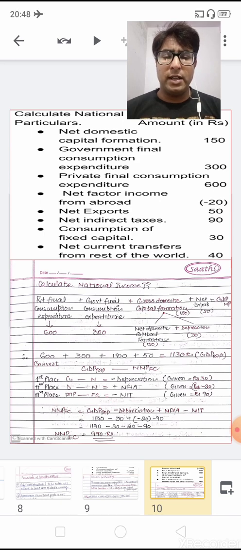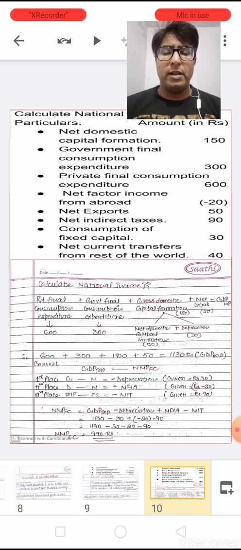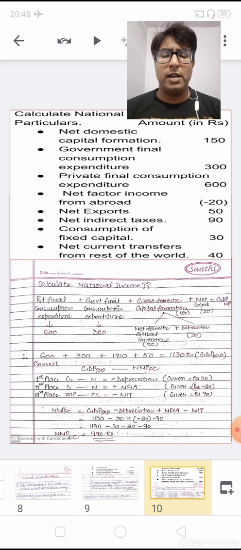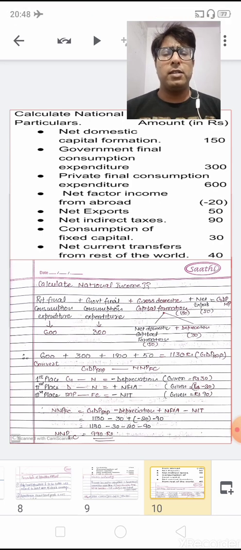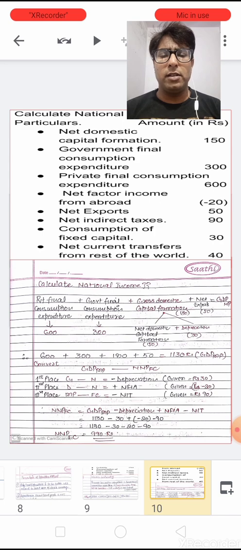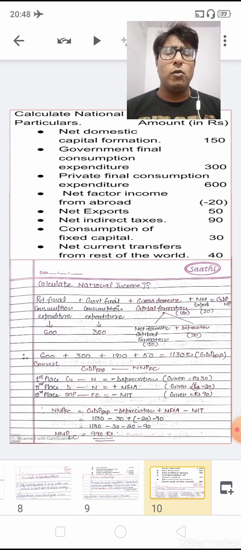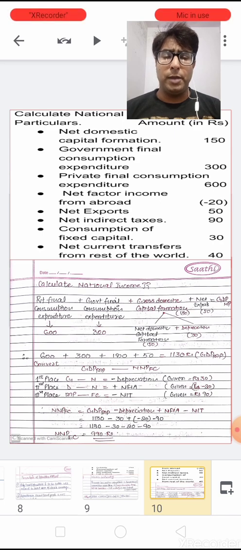So 600 is the private final consumption expenditure, plus 300 is government final consumption expenditure, plus 180 is gross domestic capital formation, plus net export 50. When we add all these values, we get 1130, which is known as GDP MP.